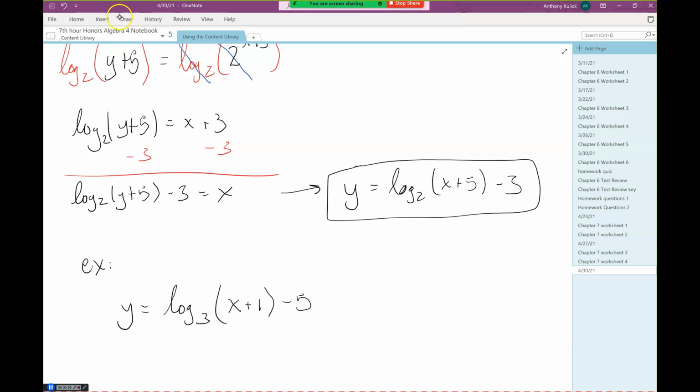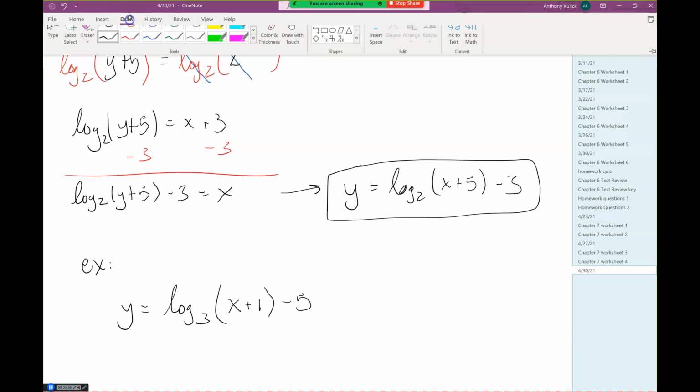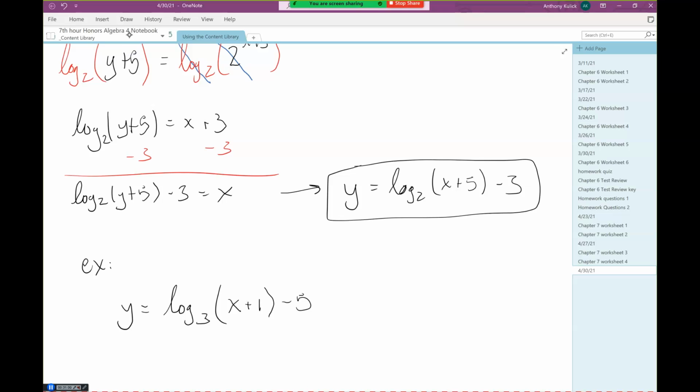So again, same idea. We want to isolate the x, and then we'll swap the x and y variables. First thing I would do is add 5 to both sides. Very good.